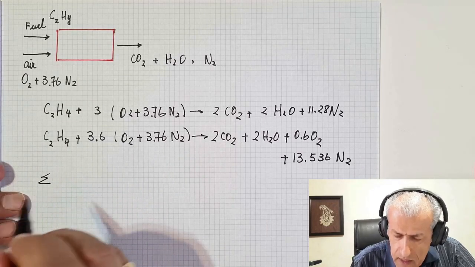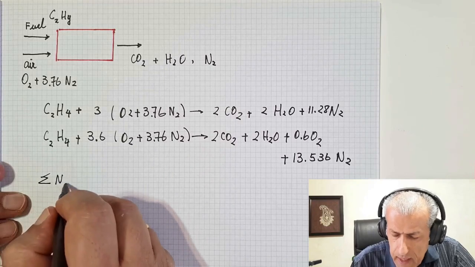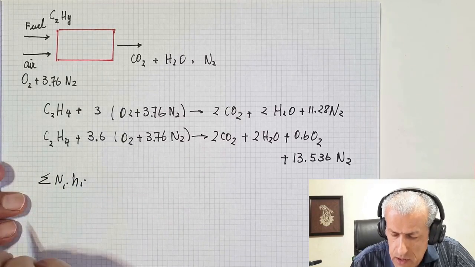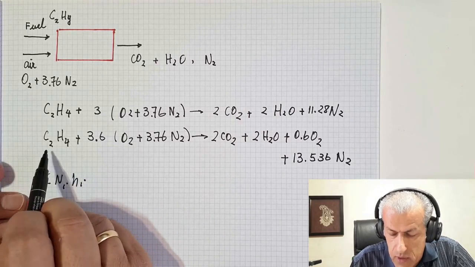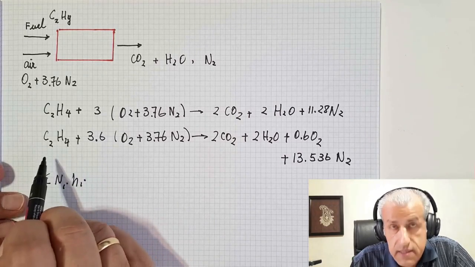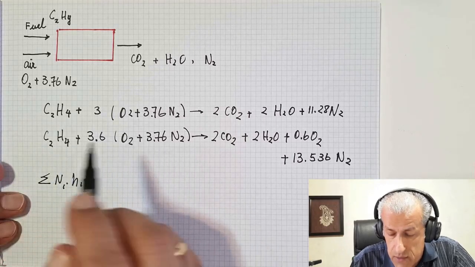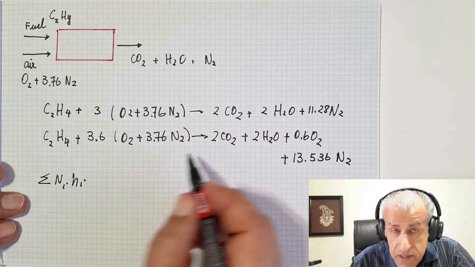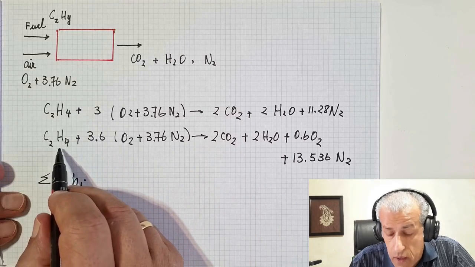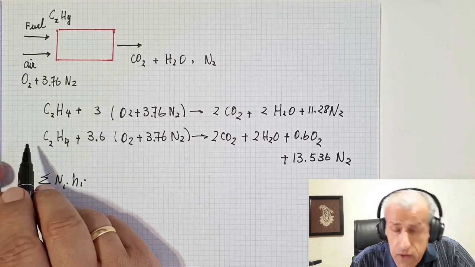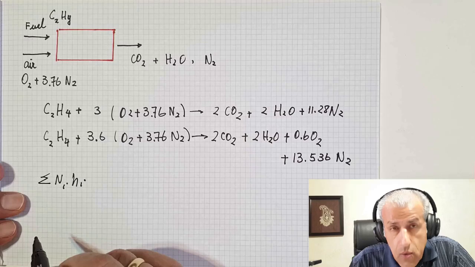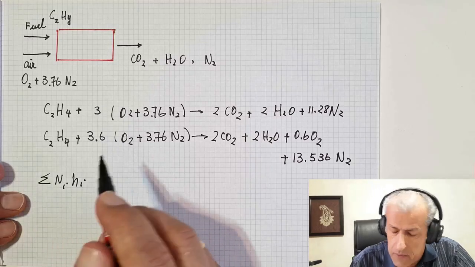So we need the sum of NiHi, that is, the enthalpy of reactants is the total of its moles times its enthalpies. We have to repeat it for our C2H4, O2, and N2. We know the number of moles, but what do we do with the enthalpies?